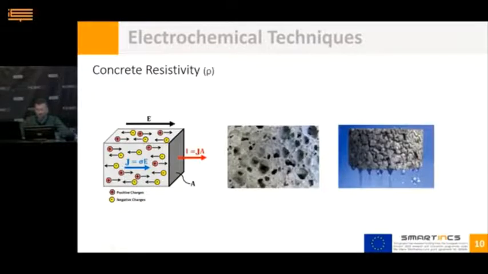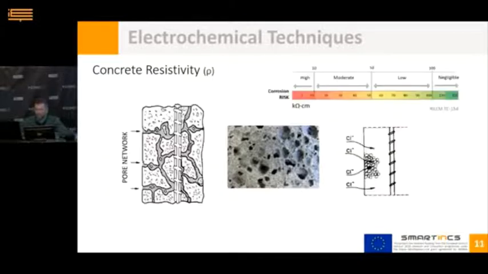Electrical resistivity is largely dependent on the microstructure properties of concrete, such as pore size and the shape of the interconnections. Therefore, the magnitude of this parameter, usually in kiloohms per centimeter, is linked to the capacity of the pore network of concrete to facilitate the diffusion of aggressive agents and consequently to the corrosion risk.